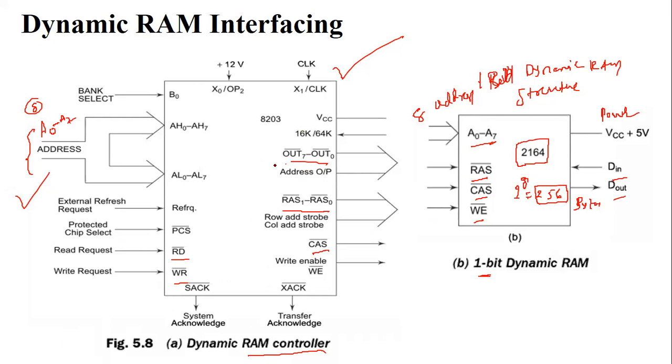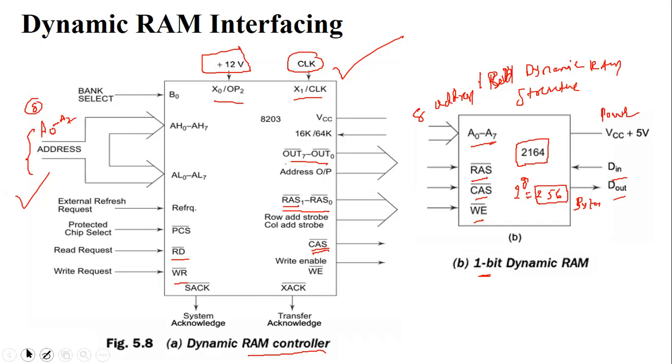Then the outputs, clock, and so on. Then read and write, and CAS, column address selection, then row address selection.